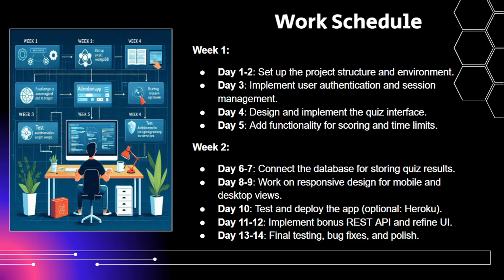In the first week, I'm going to set up the structure and the environment, implement user authentication and session management using Flask, and then design. And then on day 4, I'm going to design and implement the quiz interface, using HTML and CSS, the front end, and then add functionality for scoring and time limits.